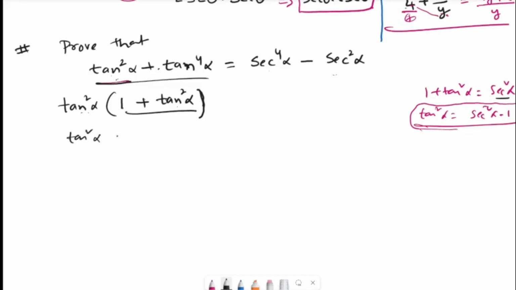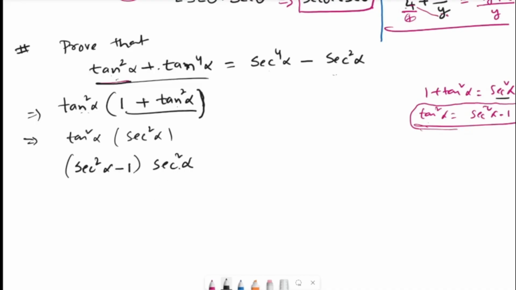Tan square alpha times secant square alpha. And this tan square alpha I'll replace with secant square alpha minus 1. I can do the same thing in a single step basically, but that's fine, I'm doing it in 2 steps. So secant square alpha minus 1 times secant square alpha.